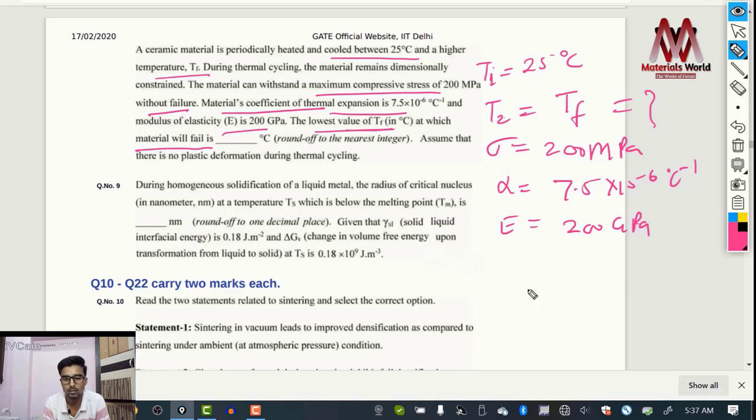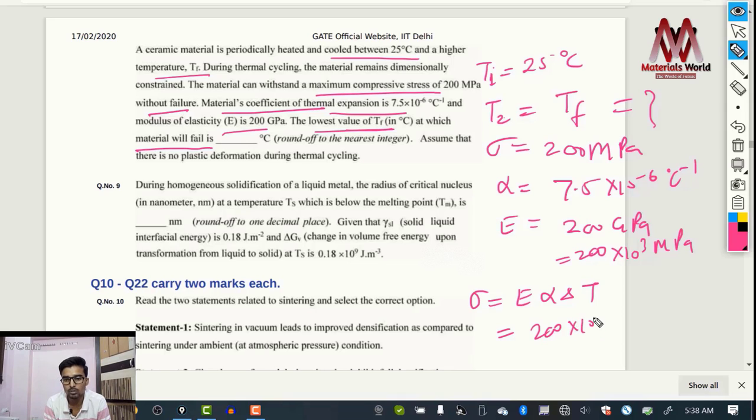So we know the result. The thermal stress can be written as sigma is equal to E alpha delta T, and E is given as 200 GPa. Let's convert both into megapascal. So E will be 200 into 10 power 3 megapascal.